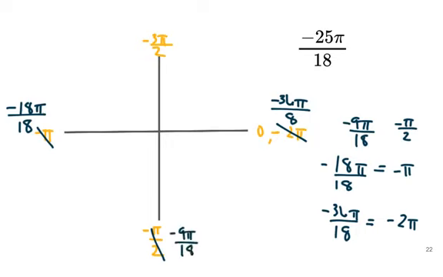Okay, 3 pi over 2 is going to be 27 pi over 18, and there's two ways you can find this. Once we know that going once around, or a quarter of the way around, is pi over 2 in distance. So in this case, every quarter turn, we're going negative 9 pi over 18.